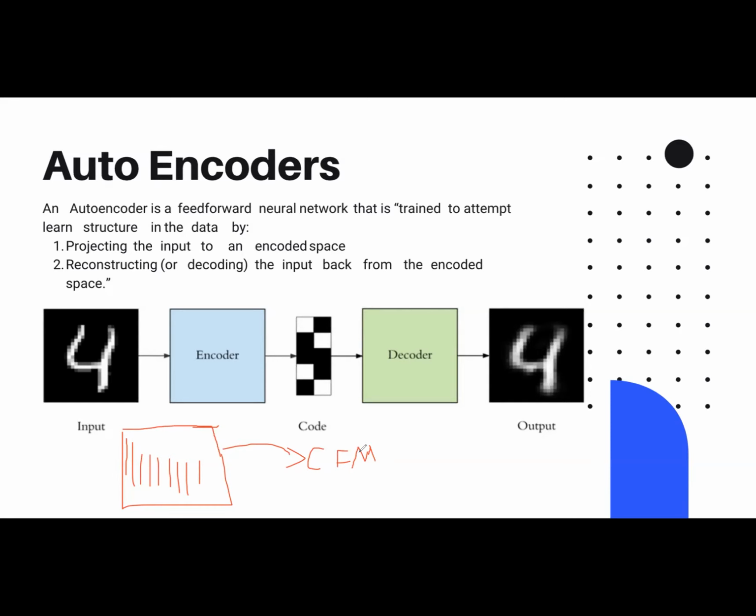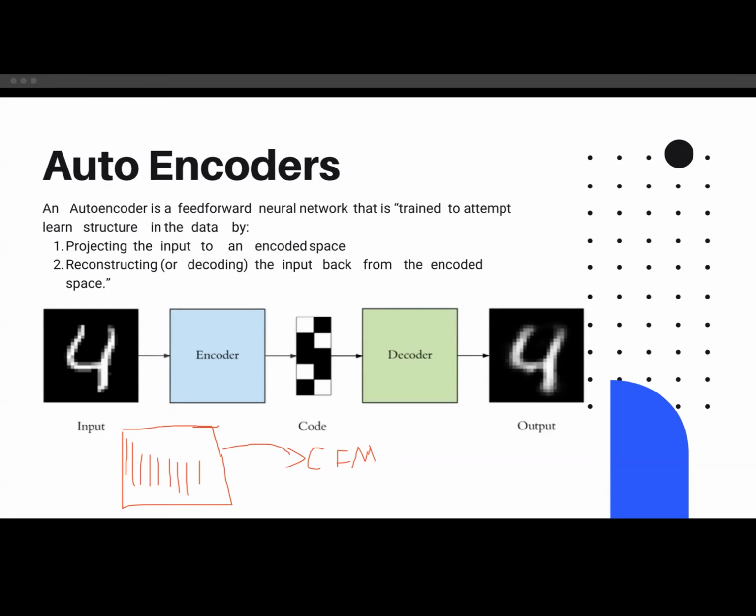So we have a way to understand which locations in the image are important to the classification or to the training task in general. So this code that comes out of the encoder, that convolutional feature map or the vector representation of it, is a highly condensed, highly abstract representation of the input image. And that's what makes it extremely useful.